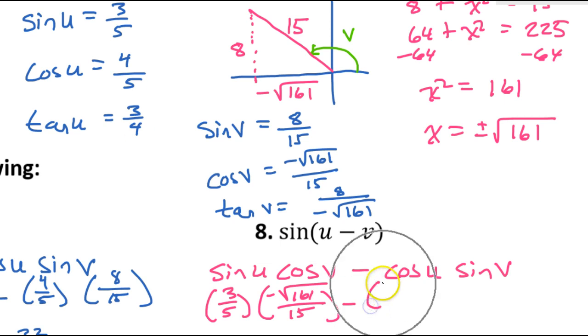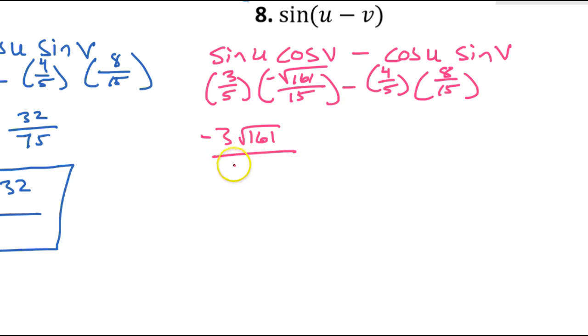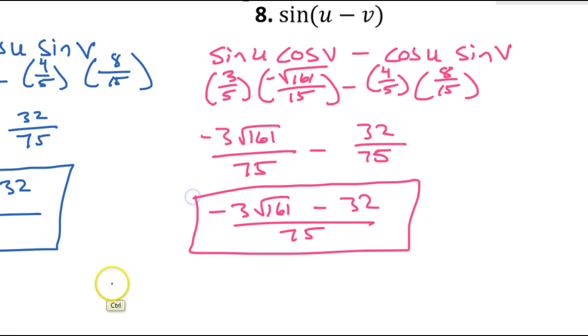Cosine of u is 4/5, while the sine of v is 8/15. So this is going to make negative 3 radical 161 over 75 minus 32 over 75. So that's going to be negative 3 radical 161 minus 32 all over 75. So that's the final answer.